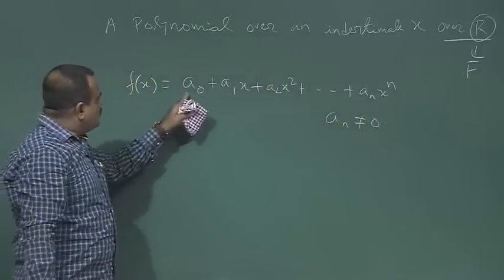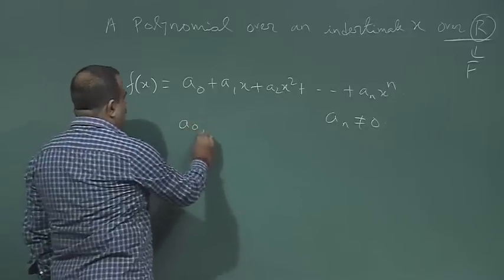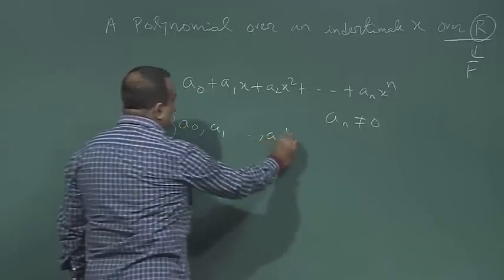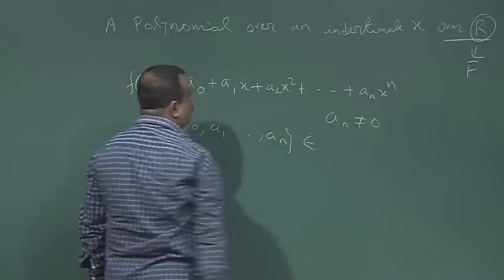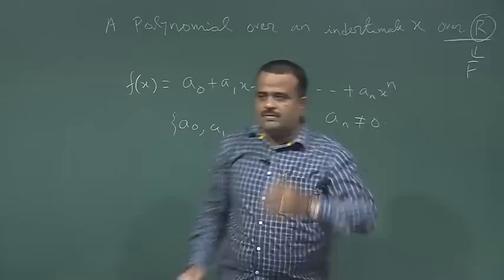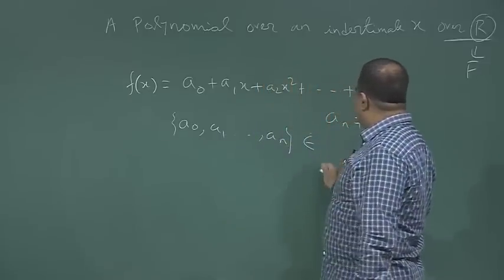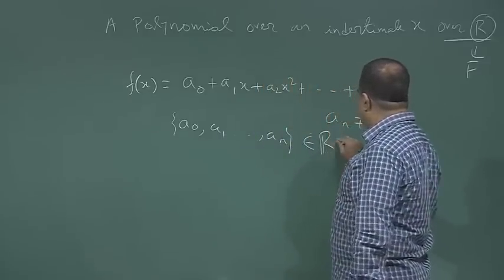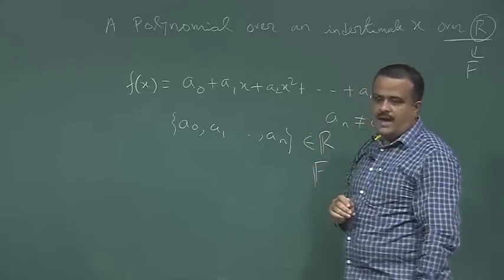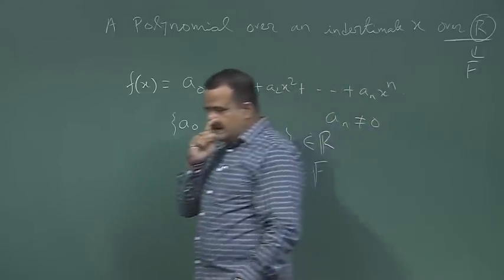These are called coefficients, this a0, a1, these are coming from some set, say some field or some ring also. So a polynomial can be defined over a ring, or it could be coming from some field for certain properties. So we will formally define those.